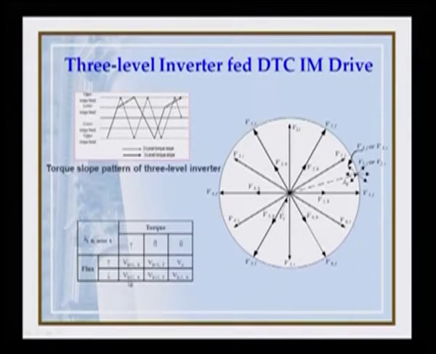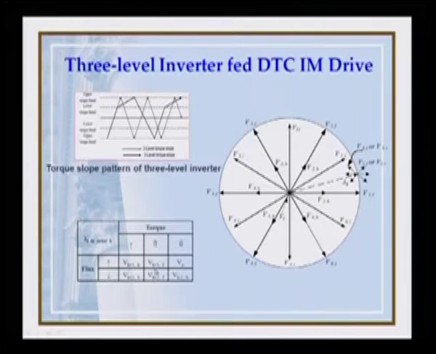What is k plus 2? K is 1 here, 1 plus 2 is 3. So here we can apply a voltage vector like this. If we apply a voltage vector like this, 3f here, this 3f will reduce the flux. The flux is reduced because it is demagnetizing the flux, lambda s.